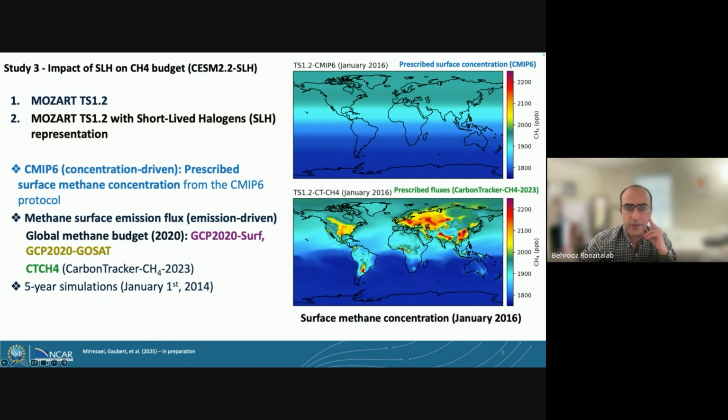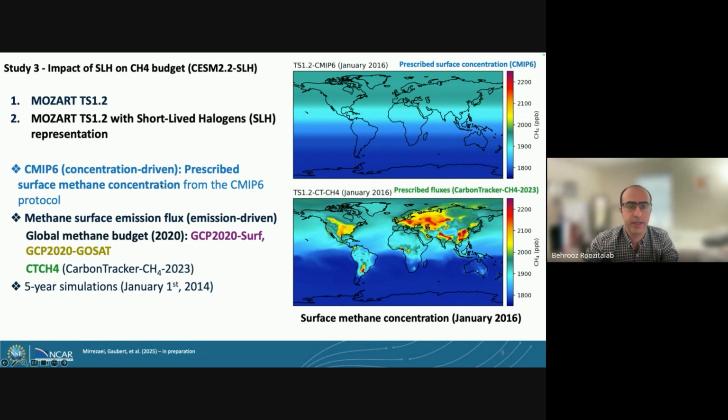And here on the right, on the top, it shows the methane surface concentration prescribed from CMIP6 that is currently in the model. And on the bottom, we see the prescribed flux from the available data sets, which shows a very different distribution. So in this study, we looked at the CSM2 model with and without the short-lived halogens.